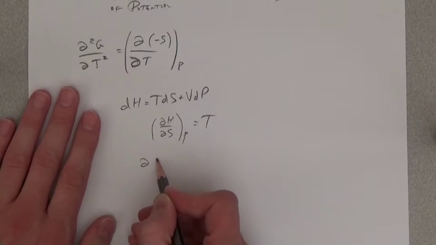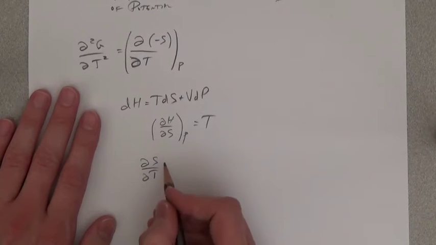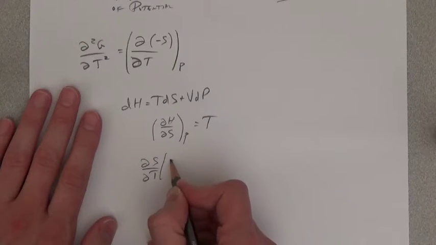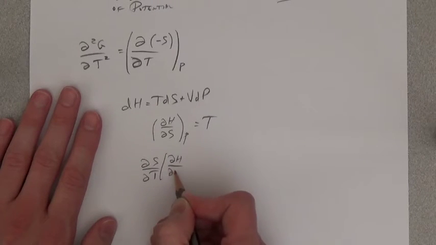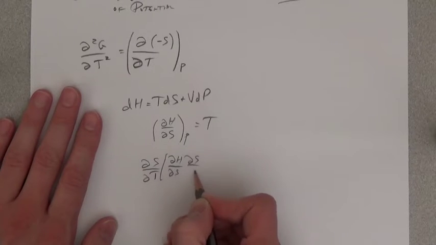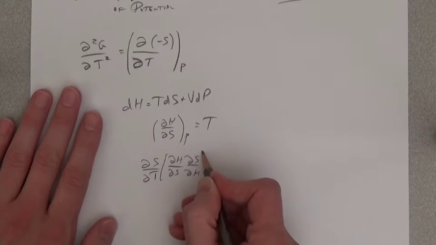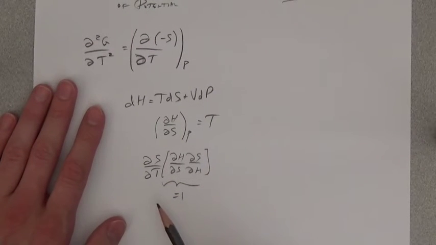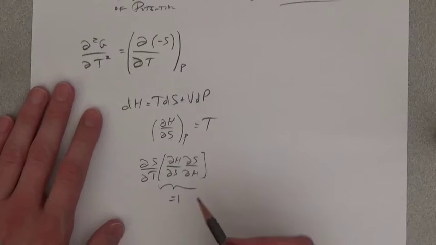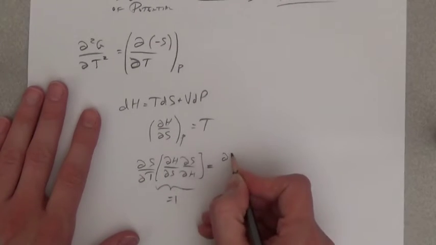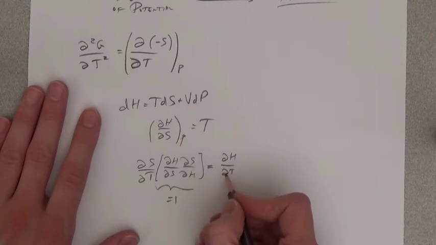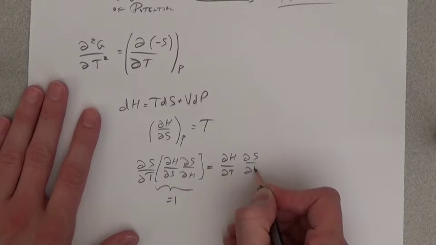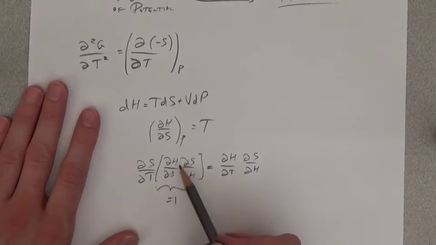Because we can say dS/dT times 1, and we write out 1 as dH/dS times dS/dH, that equals 1. If we write that out, then dS/dT equals dH/dT times dS/dH, and these H's just cancel.